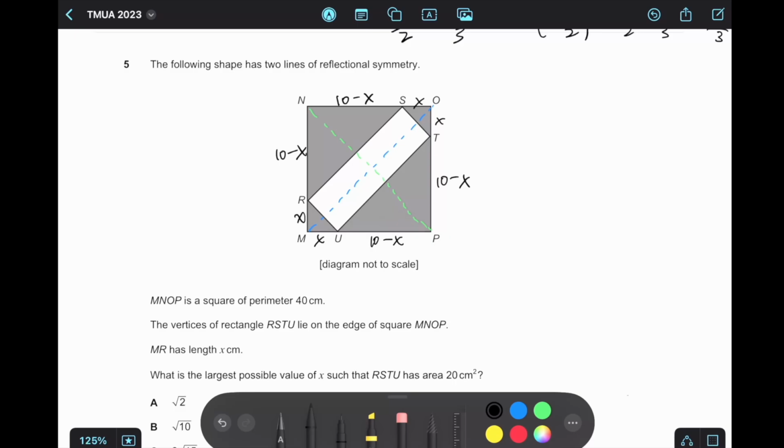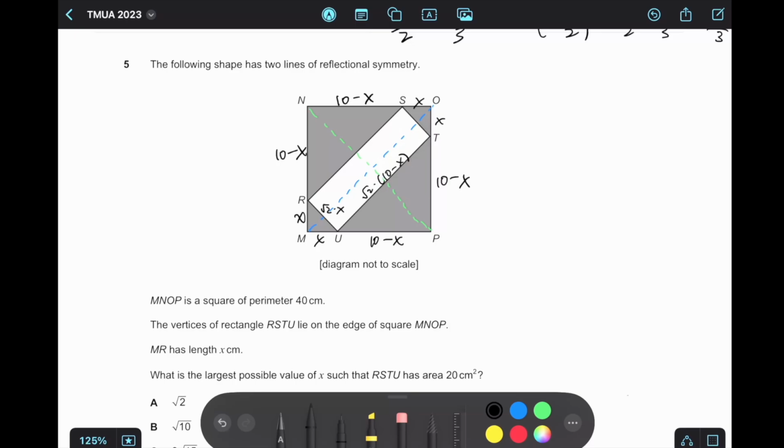So finally, we want to find the largest possible value of x such that the area of RSTU is 20 centimeters. So once we've labeled all of these edges, we would be able to say that RU has length root 2 times x, and UT has length root 2 times 10 minus x.